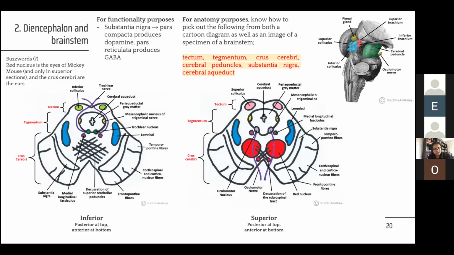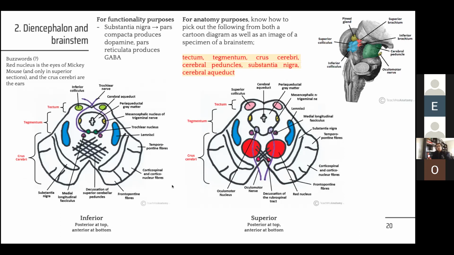Looking at these two cross-sections, some of the more common features you can see is that the cerebral aqueduct is in the middle, which carries CSF, as well as the crus cerebri, which is like these tail parts. And you can see the cochlear nerve coming out of the inferior cross-section, but not the superior cross-section.